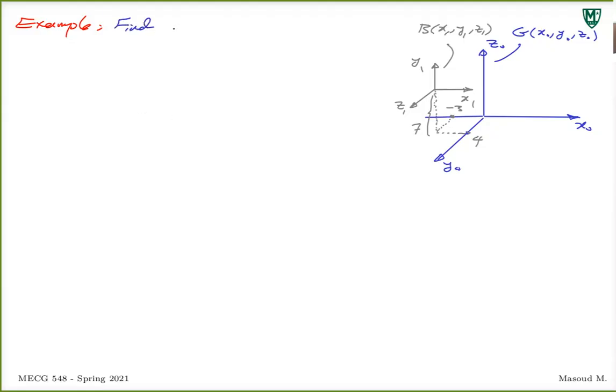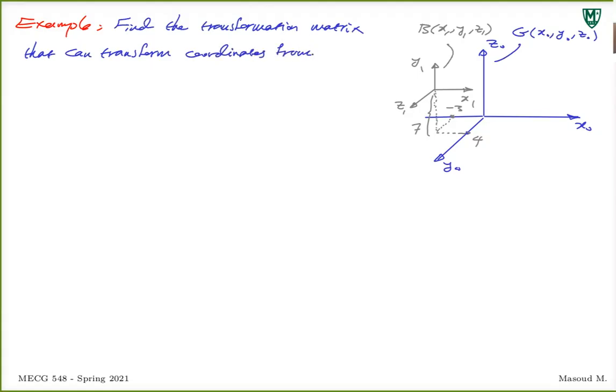Find the transformation matrix that can transform coordinates from B, X1, Y1, Z1 to G, X0, Y0, Z0.